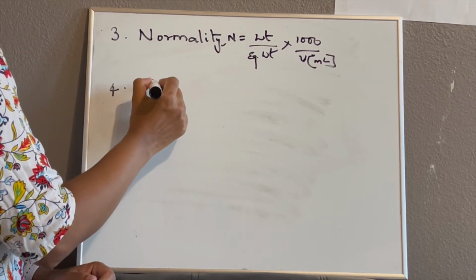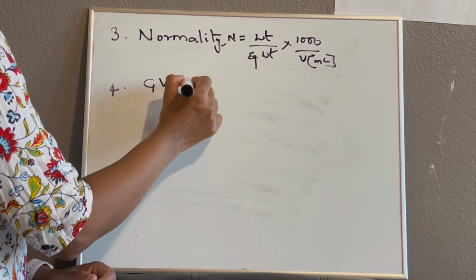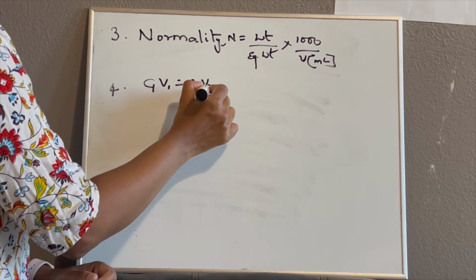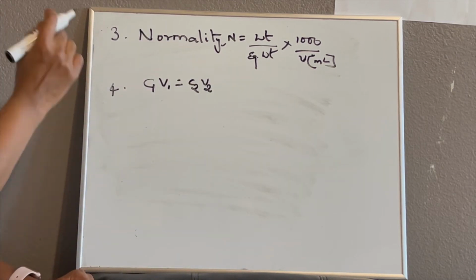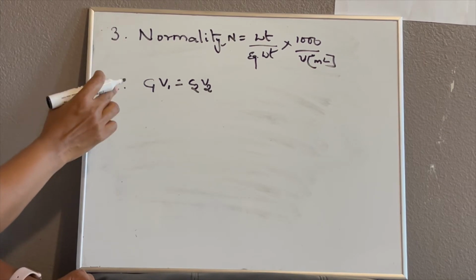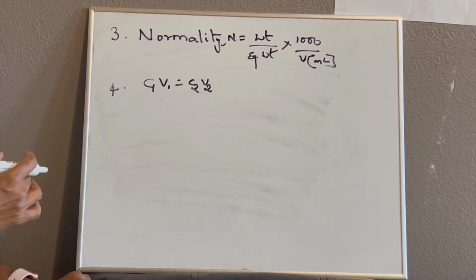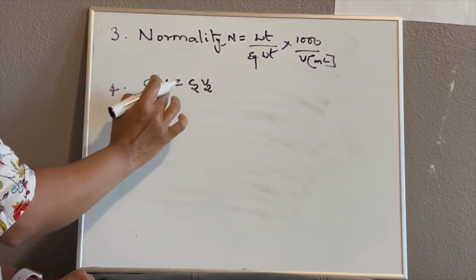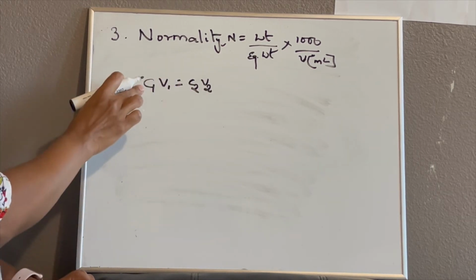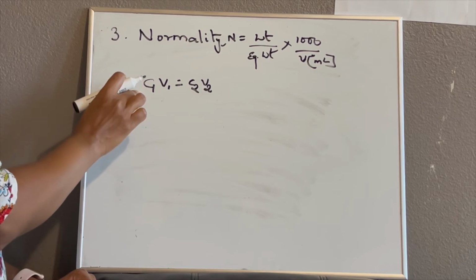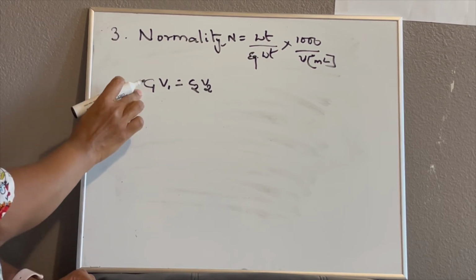The formula used is C1V1 = C2V2. If you have a high concentration solution, you can dilute it into a low concentration solution using this formula. The C1 can be percentage, molarity, or normality.